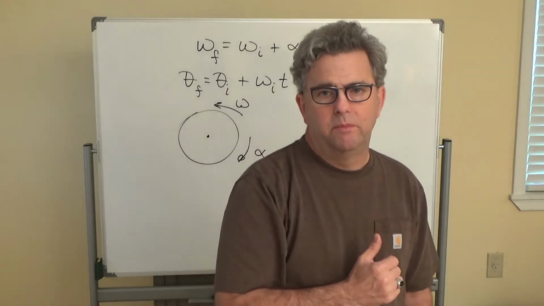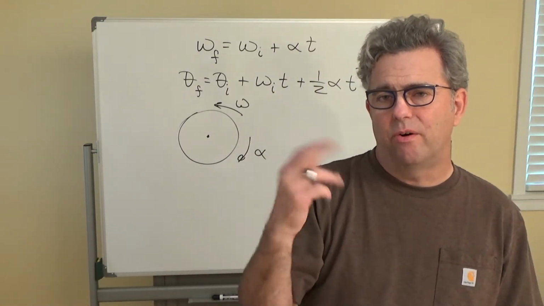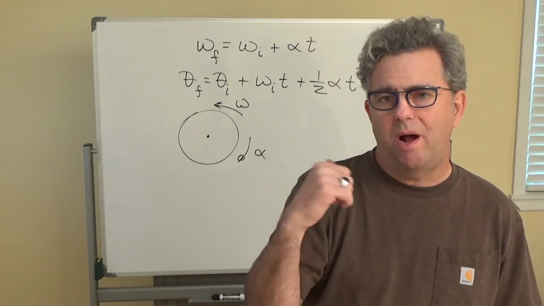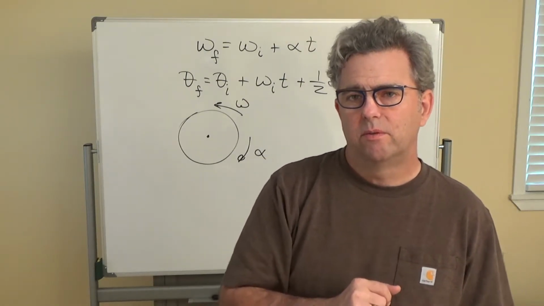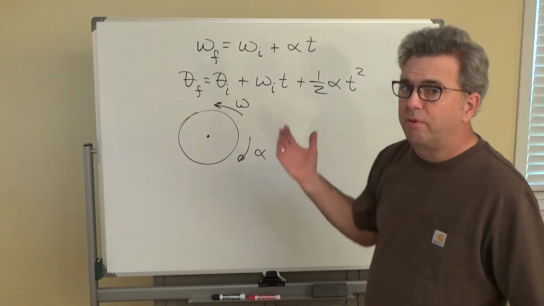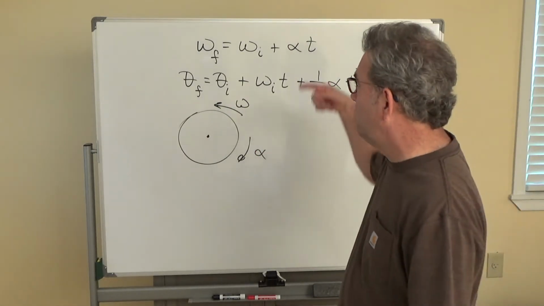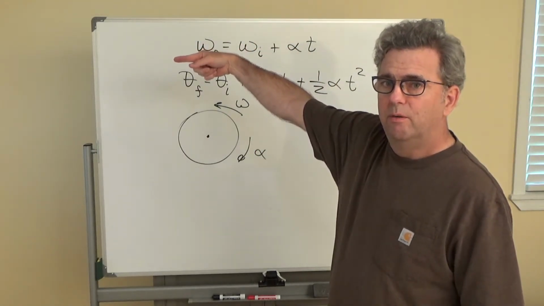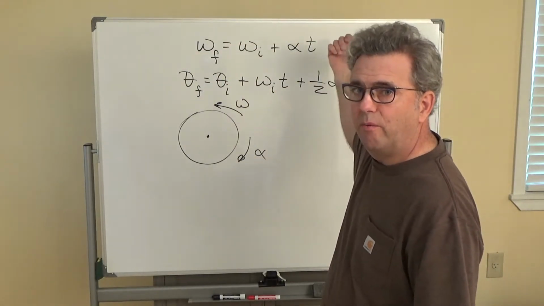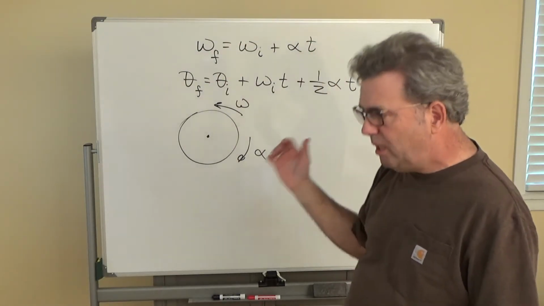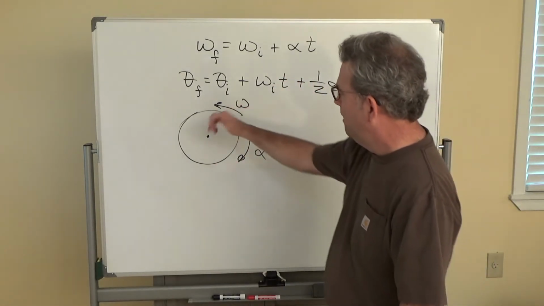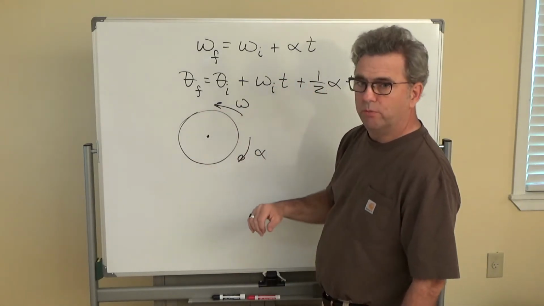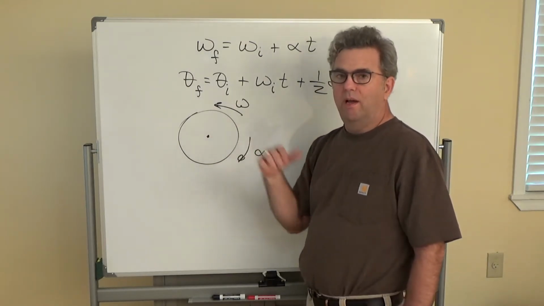Typically, just the convention is that counterclockwise rotations are positive, clockwise rotations are negative. Okay? Doesn't have to be. It's just like you can make the x-axis positive that way and negative that way. It's up to you. But the typical convention is if you're looking at the object rotating, counterclockwise rotations are positive, clockwise are negative.